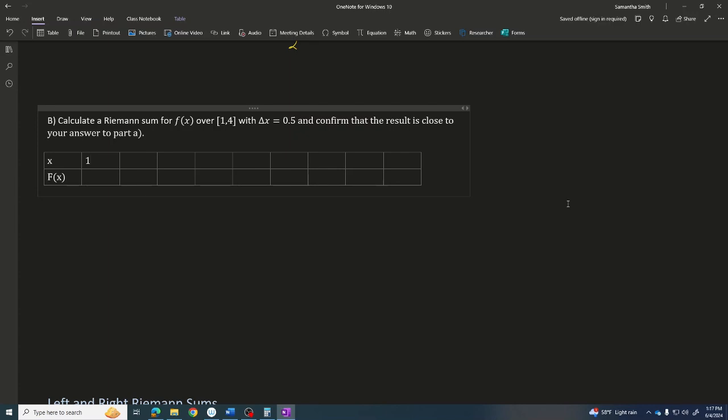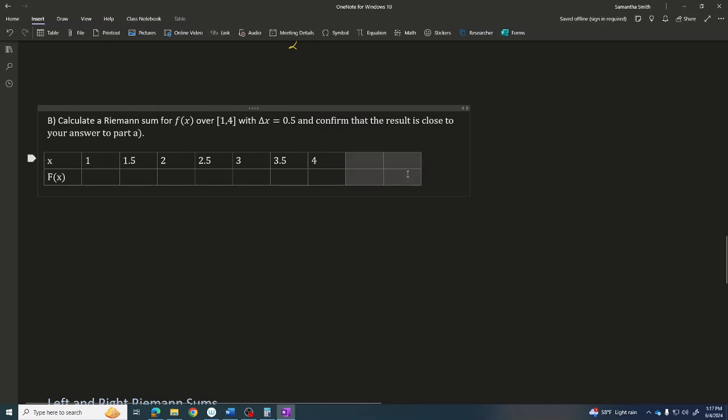Now the distance between this first x value and the next x value, I'm told, should be delta x equals 0.5. So going up 0.5 units brings me to 1.5, then another 0.5 units brings me to 2, then 2.5, then 3, 3.5, and 4, and I'm going to stop there. I'm going to stop there because that's the end of my interval, okay?